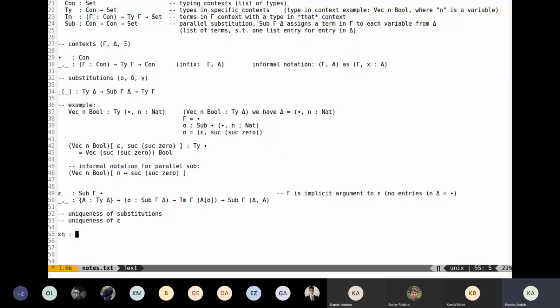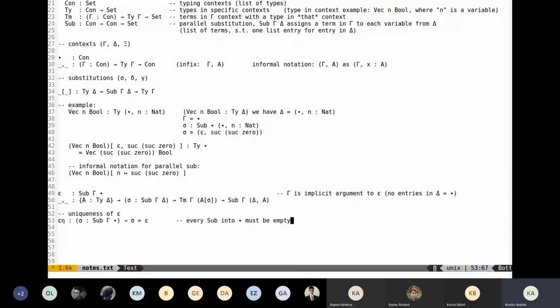So we have this uniqueness rule, and it says that if we have any substitution which goes into the empty context, then that substitution must be empty. So for any substitution like this, that substitution has to be equal to epsilon. So every substitution into the empty context must be empty. This is the uniqueness of epsilon.